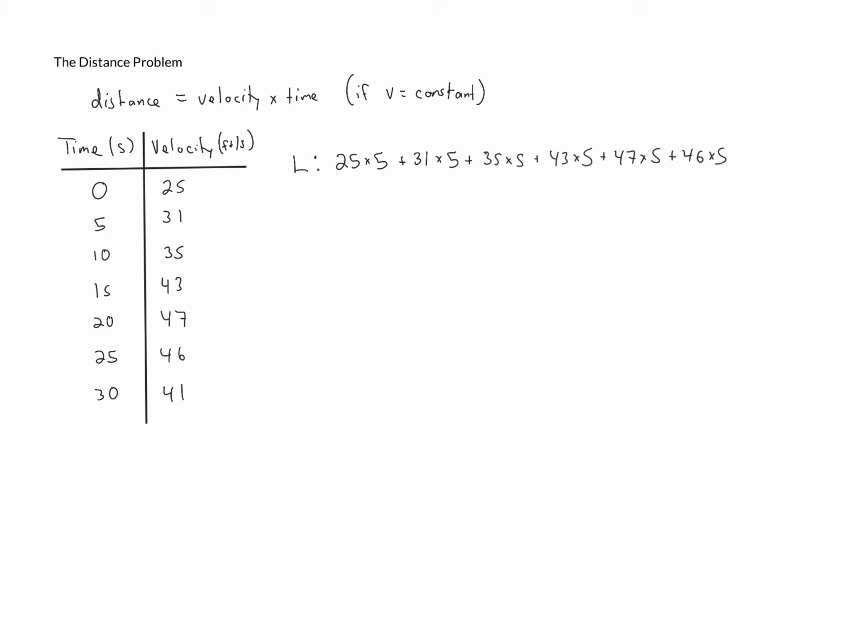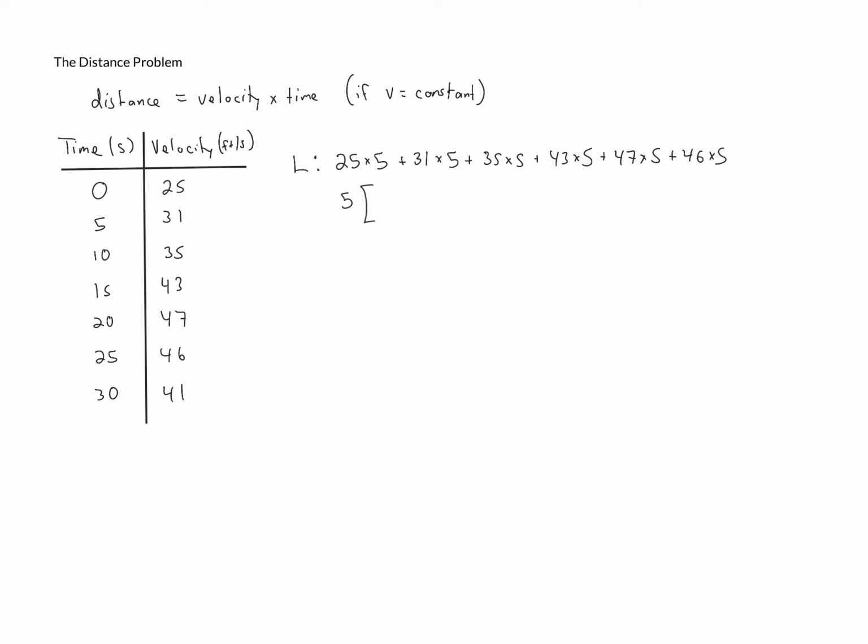Each one of these is taking distance equals velocity times time for each of these little 5-second intervals by assuming that the velocity is the velocity at the beginning of that interval. So these top 6 are the ones at the beginning of each of those 5-second subintervals. We could even recognize that each of these has a 5 in it, and so we could pull out the 5, similarly to how we pulled out the width of each of those rectangles in the area problem.